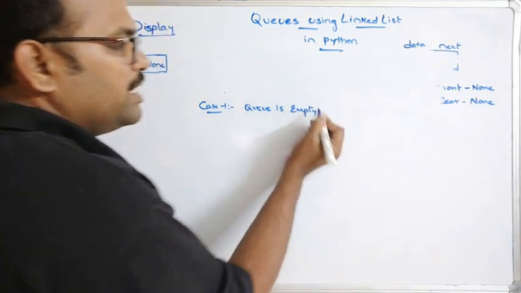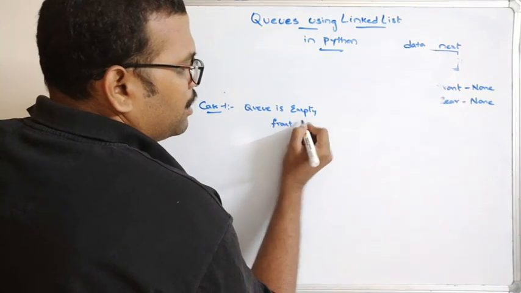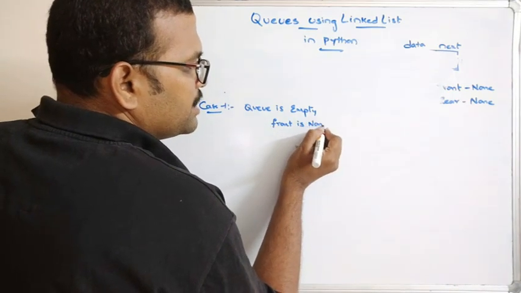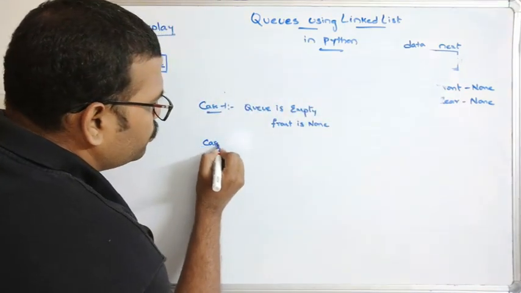Previously we have seen that if the queue is empty, it means front is none. Simply we can say the queue is empty, so we display that the queue is empty. And case 2.